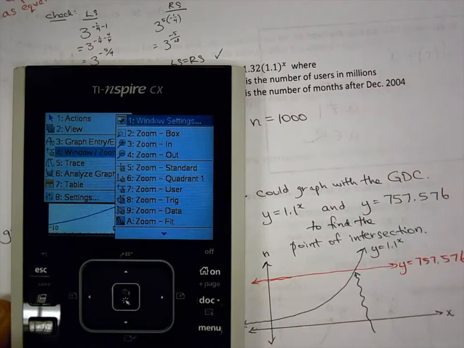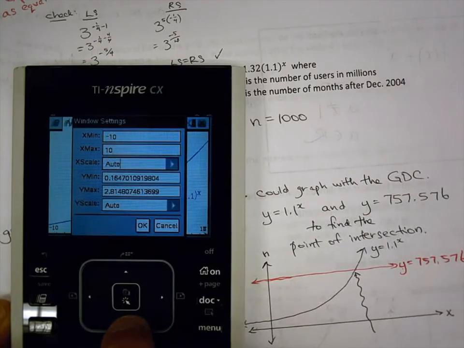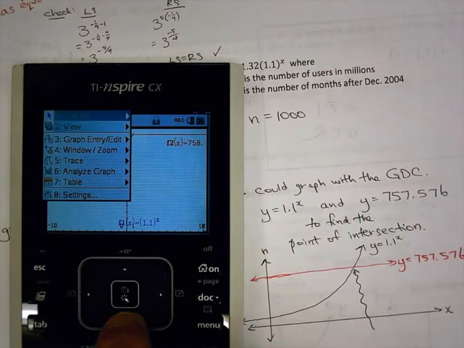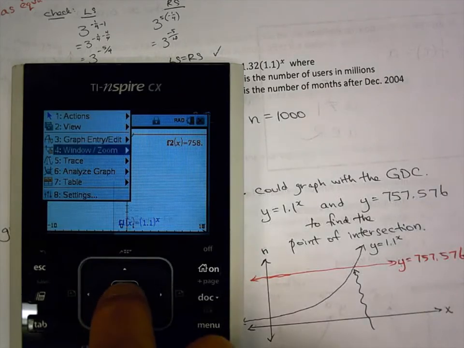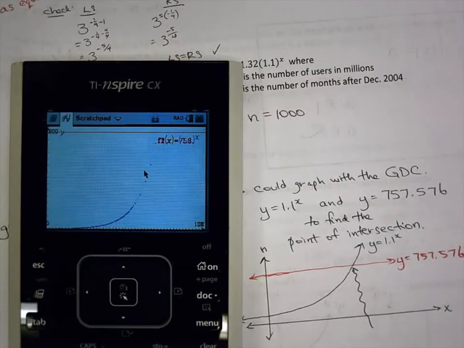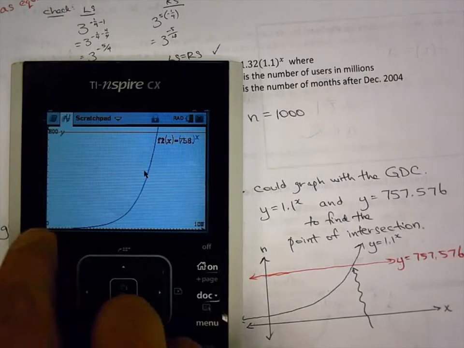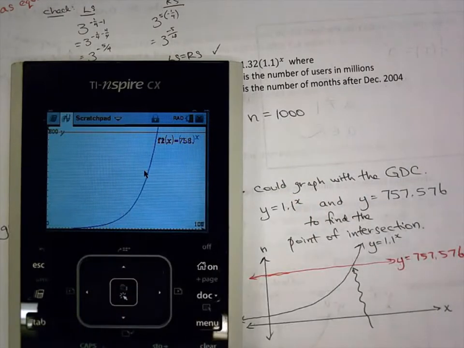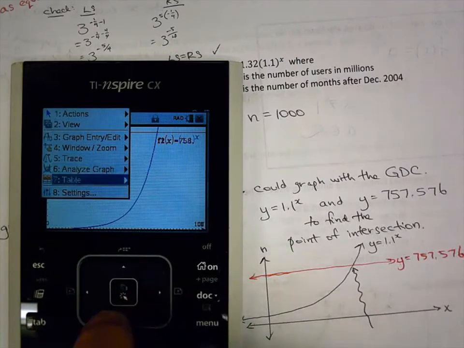Don't worry if you don't know how this works. I'm going to teach you. Let's do a Y max of 800 and a Y min of 0. So I'm just going to set my parameters. Interesting. Okay. Menu. View. Window zoom. How embarrassing. The X value is going to go from 0 to 100, say. Let's do that. Ah, there it is. Okay. So there's my exponential. There is my flat line. I need to find the intersection point. Menu, analyze graph.